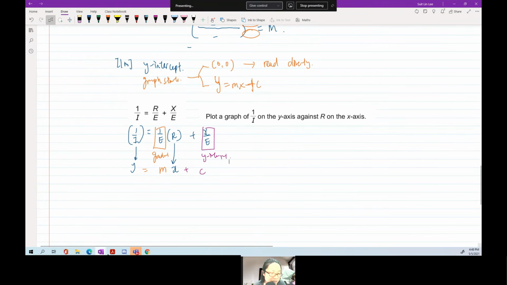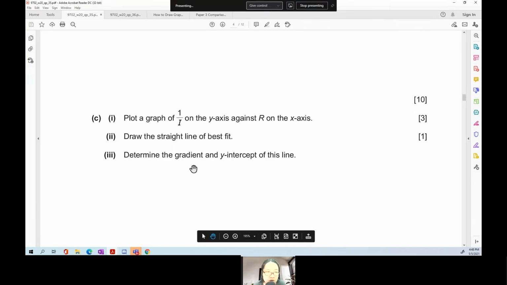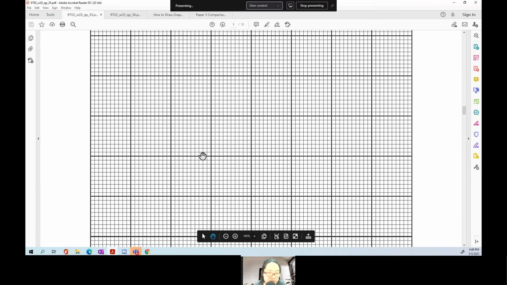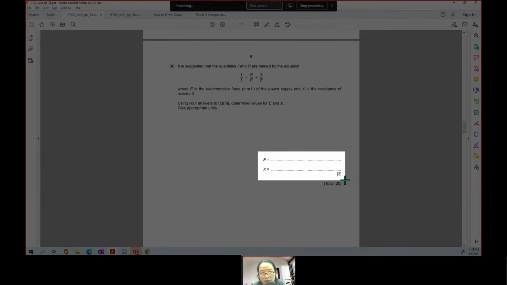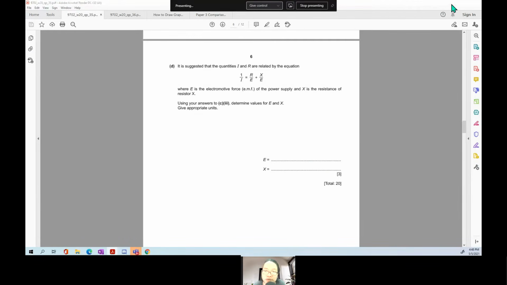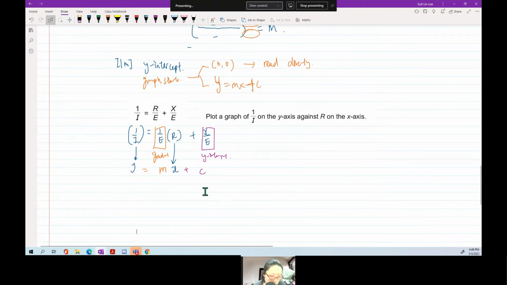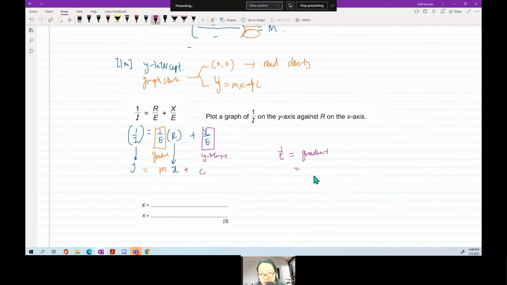So if the question is asking you to find the values of E and X and include appropriate units, what you can do is you will write 1 over E is equal to the gradient that you find, and you substitute the value of your gradient, and then you find your E. If I don't see this, you will lose a mark.